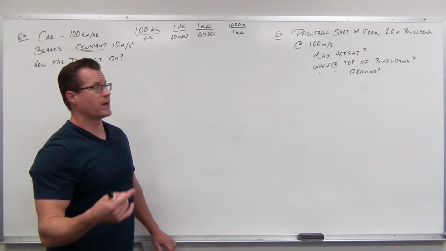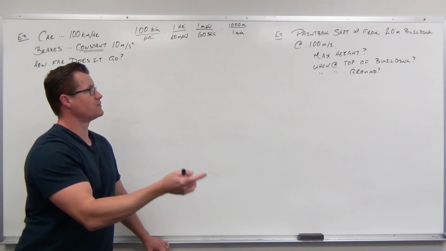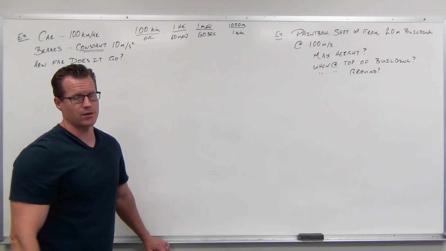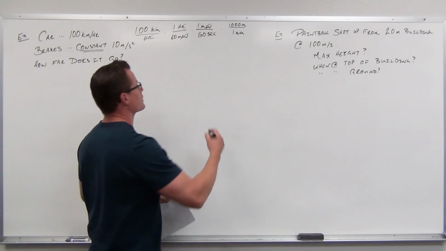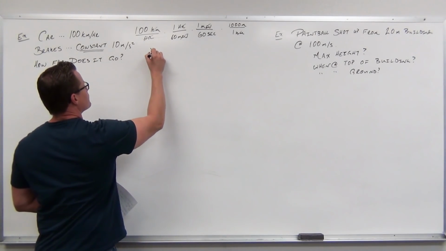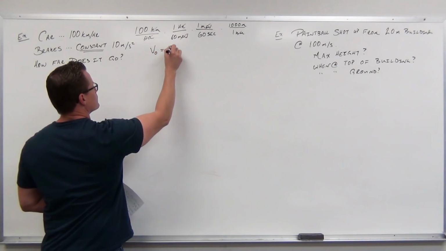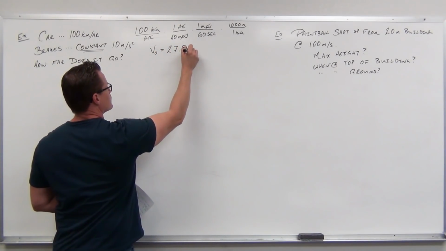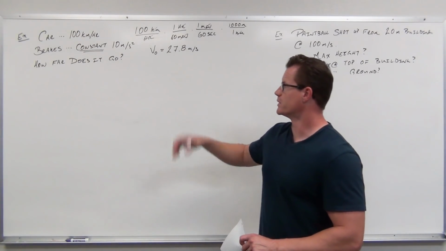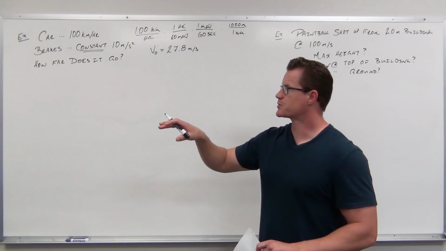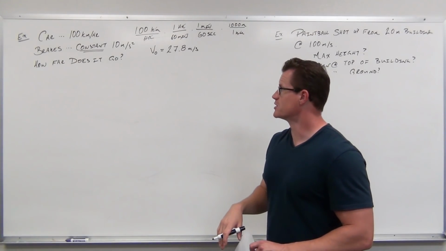So basically multiply 100 times 1,000, divide by 60 squared. And we're going to get, looks like I got 27.8 meters per second. So our car is going 100 kilometers per hour. That's 27.8 meters per second.